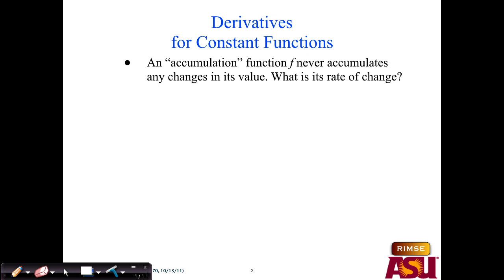So what's the rate of change of a function if nothing's changing? Yeah, 0, right? If I have any function of the form y equals c, or f of x equals c, f of x equals 7, f of x equals -4, f of x equals 80,000,000.2, whatever it is, we can derive this.